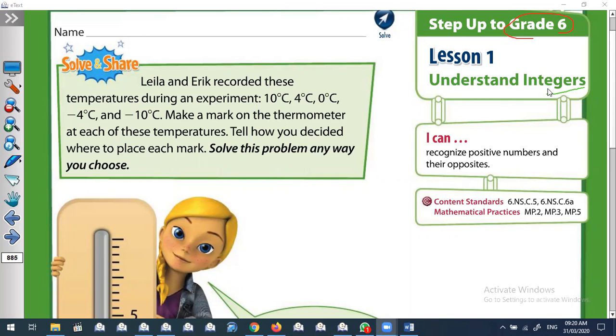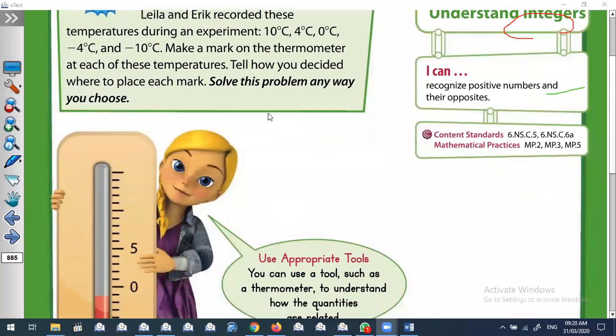So how we know the integers? The integers is like that. We are going to draw the number line first. Okay, and the integers are, right, zero in the middle, and on the right the positive numbers, which are 1, 2, 3, 4, 5, 6, and so on.